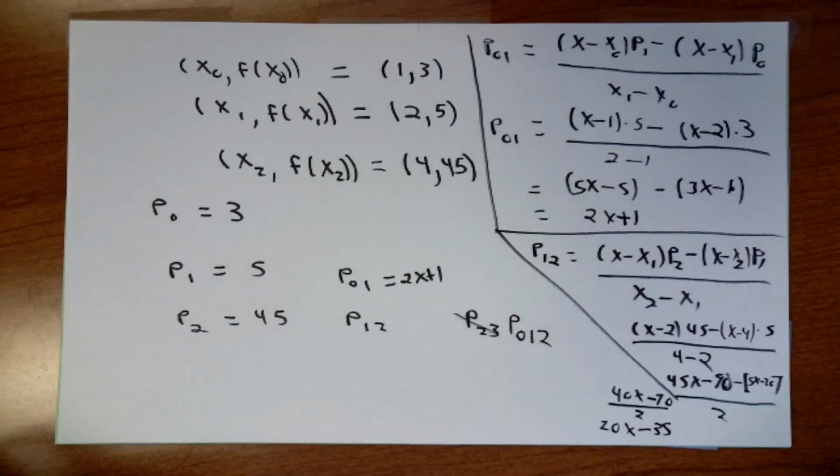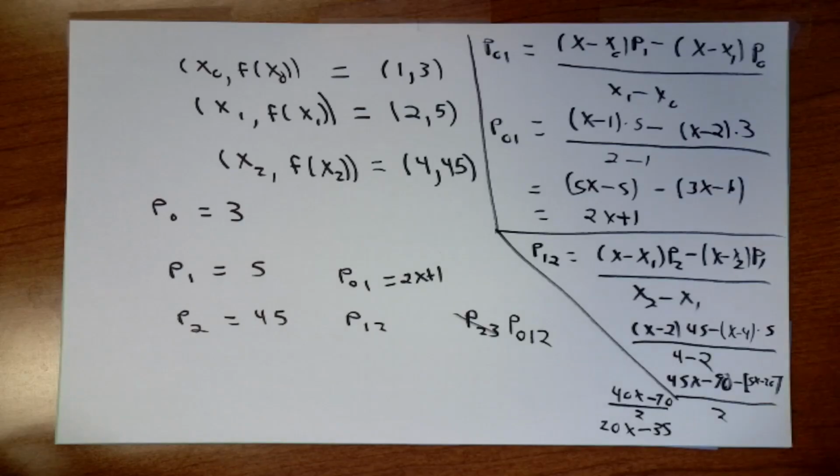Allegedly, this interpolates my data set at the place where x equals 2 and x equals 4, producing function values of 5 and 45 respectively.